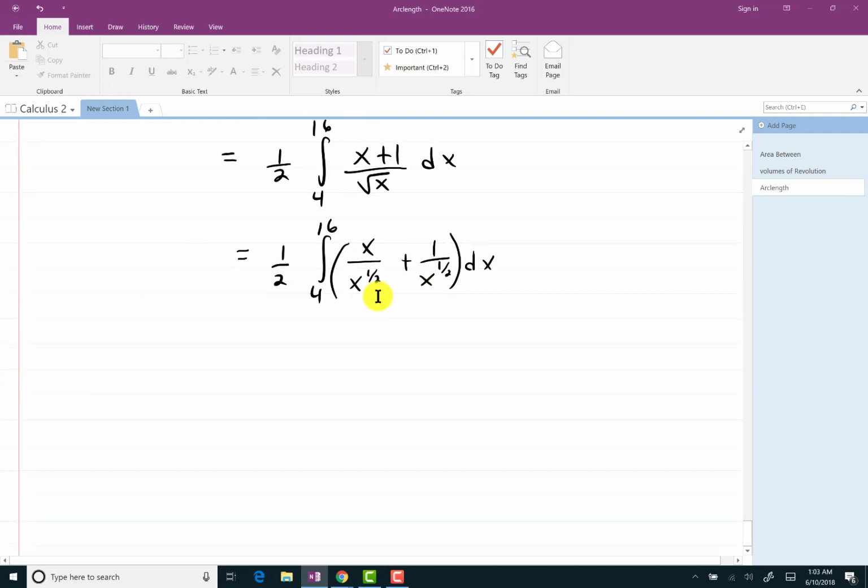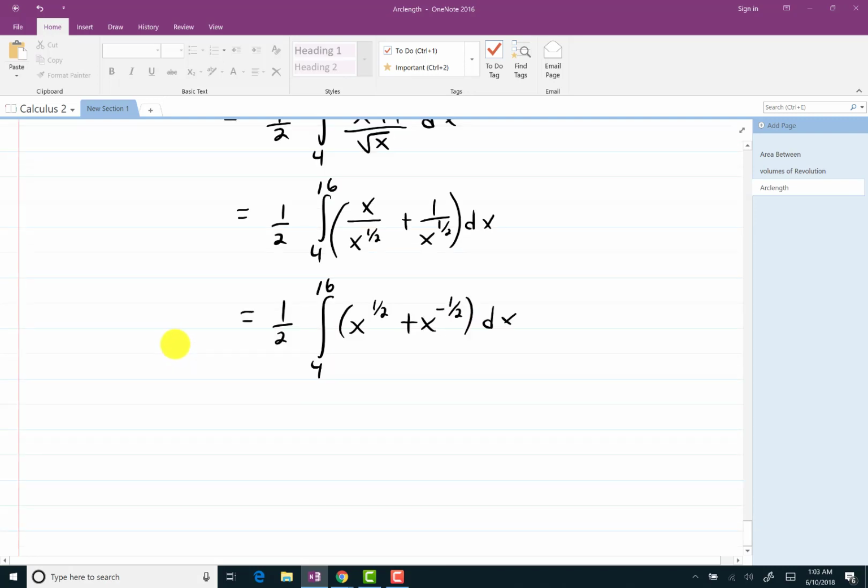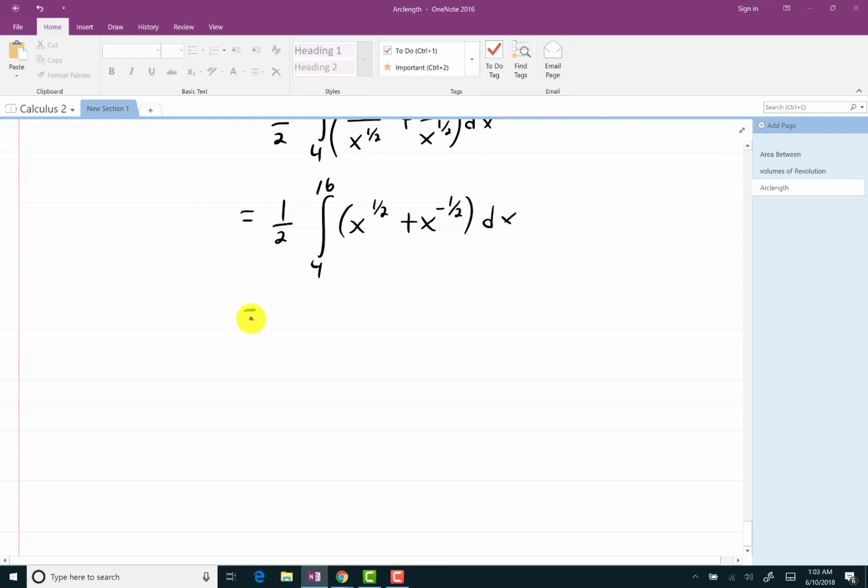Then I'm going to rewrite everything in terms of powers, and I'll end up with 1/2 the integral from 4 to 16. This will be x to the 1/2. This over here will be x to the negative 1/2. Integrate, I'll have 1/2.